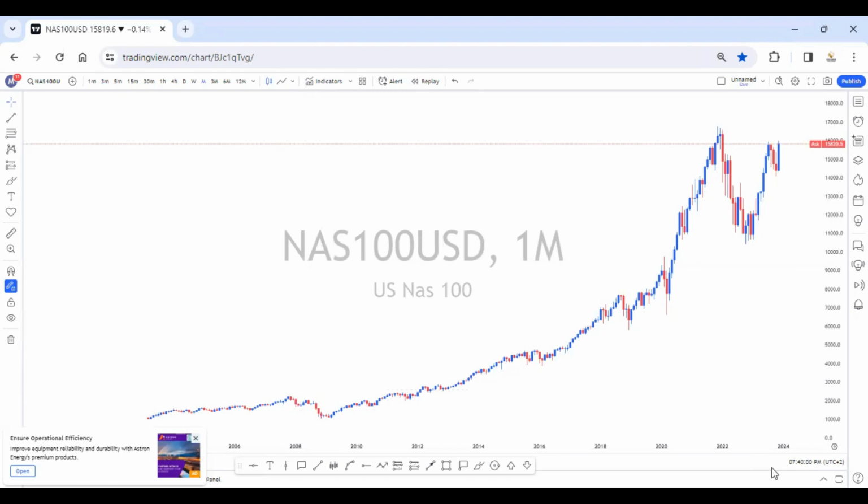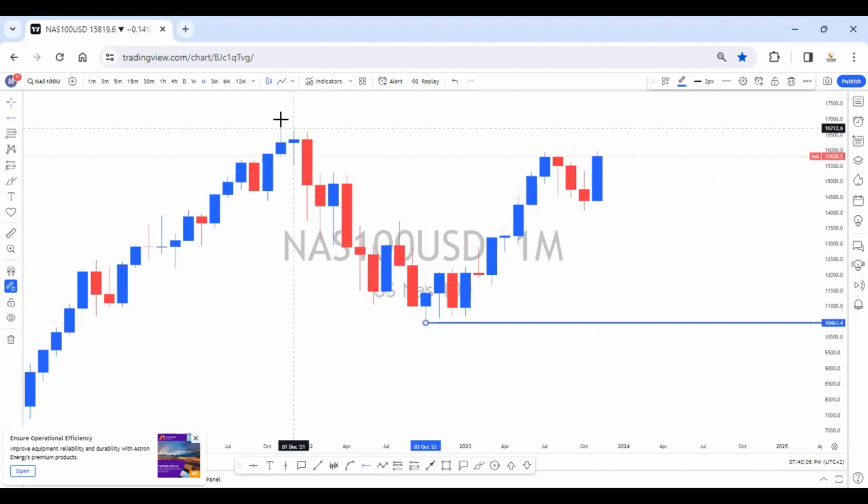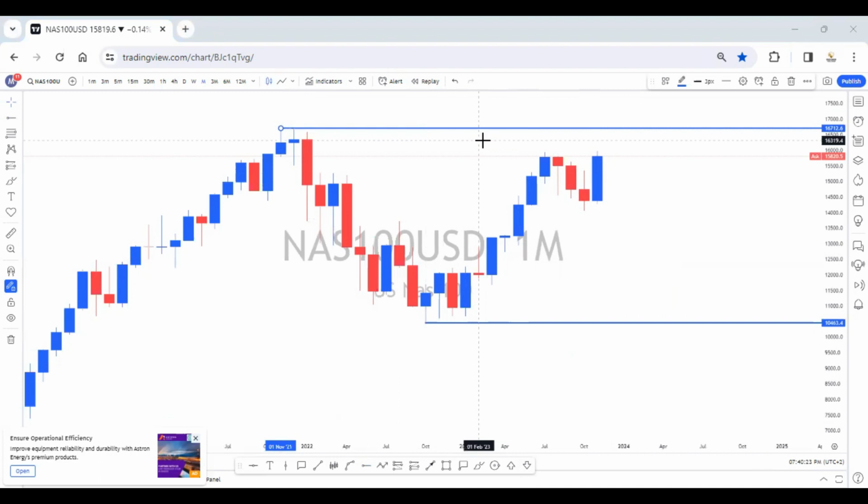So as we start, I'm going to mark my lowest level and my highest level. And where I put a trend line, I have to be aware. I have to make sure I put the trend line at the right place, because if you don't put a trend line at the right zone, there is no way you'll be trading well, and the market is going to show you something that is not there. You think it's a breakout, only to find out it's a false breakout.